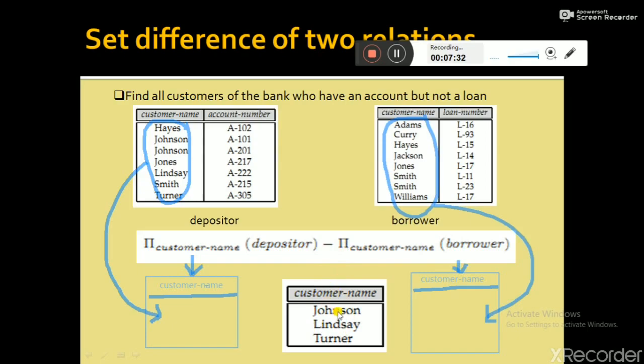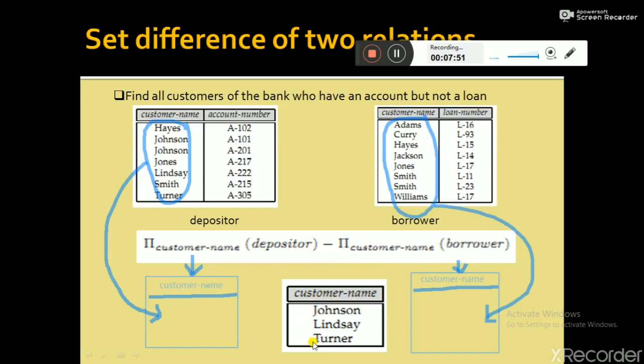The schema of the output relation will be the same as this relation and this relation. Both relations have a single attribute, customer name, that is why it has the customer name attribute.